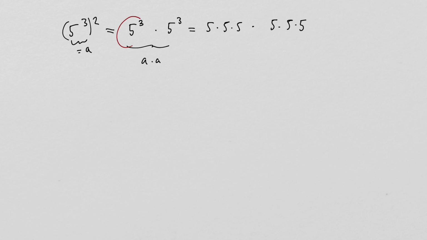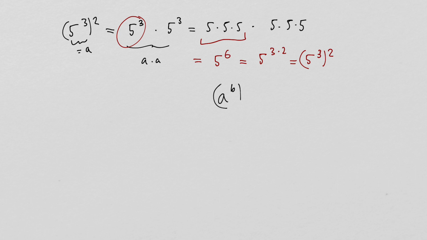We can express 5 to power 3 as this product, and we can calculate that in total there are 6 of the factors, so we get that this is the same as 5 to power 6. From here we can guess that we have a calculation rule that a to power b in brackets to power c is a to power b times c.